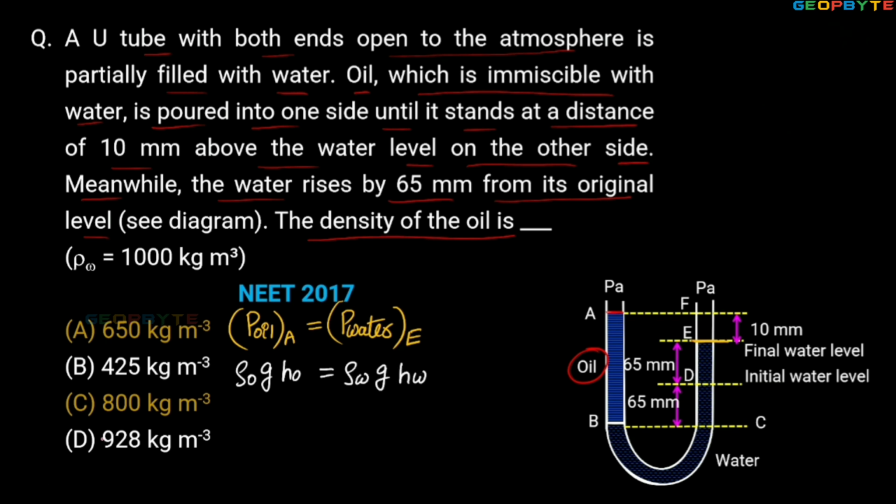Here g is cancelling, then it can be written as rho of oil into h of oil equal to rho of water into h of water.